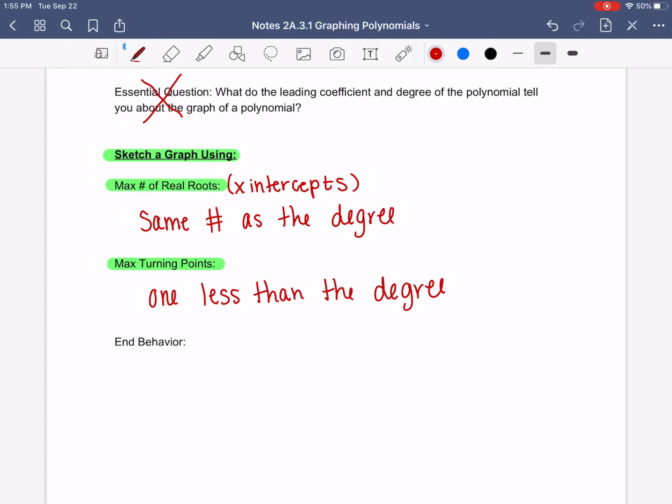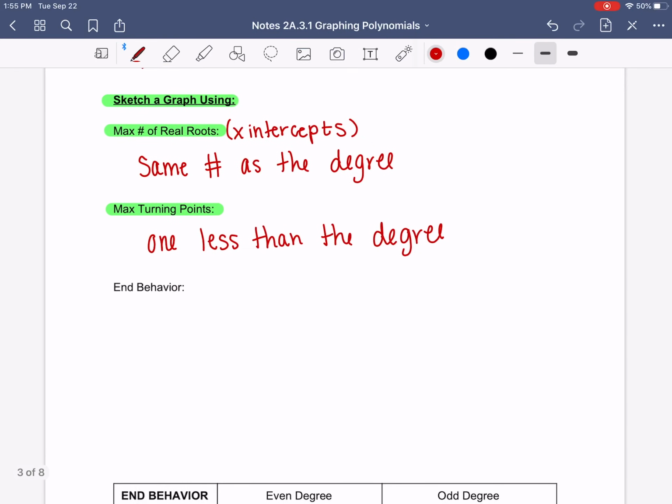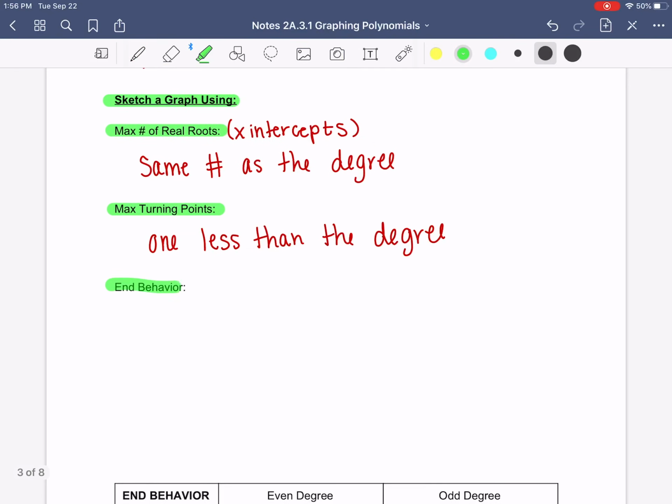And the last thing we're going to talk about is the end behavior, like what happens at the end of your graph. So basically your graph goes on forever. So what's happening as the arrows go on forever? You have arrows at the end, like which direction are they basically pointing?